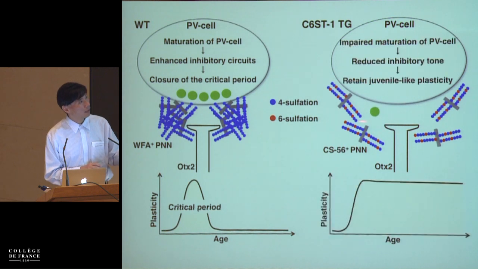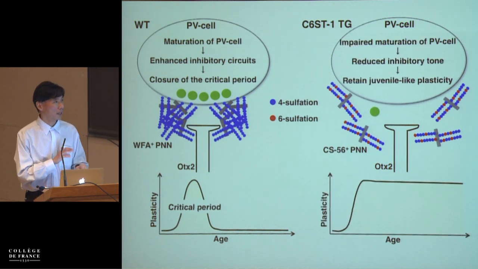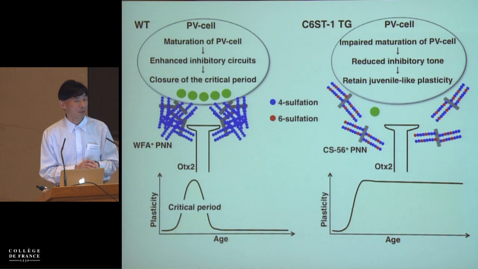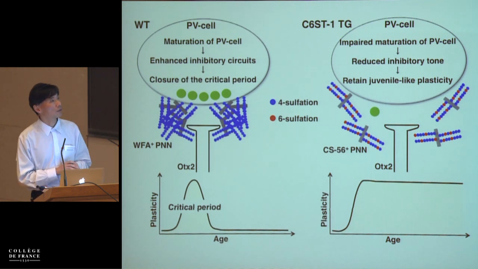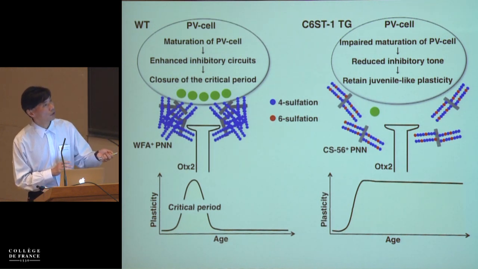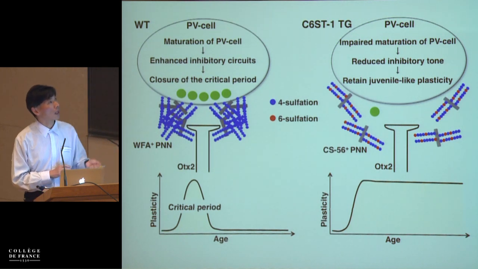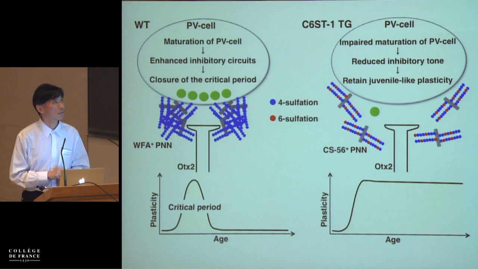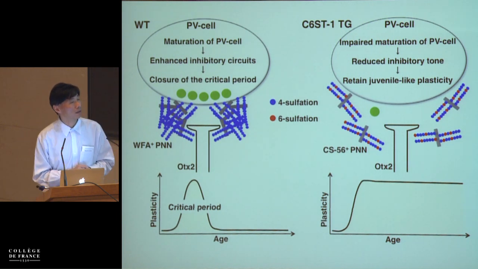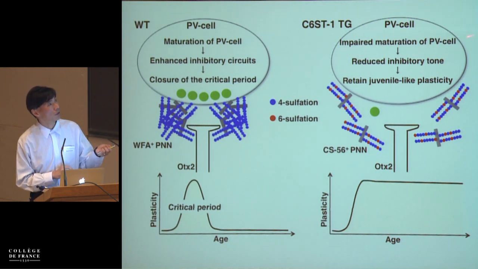This diffuse perineuronal net cannot tightly surround the synaptic contacts, which leads to diffusion of OTX2. As a result, transgenic mice showed reduced inhibitory tone caused by impaired maturation of PB cells and retained juvenile-like plasticity in adulthood.